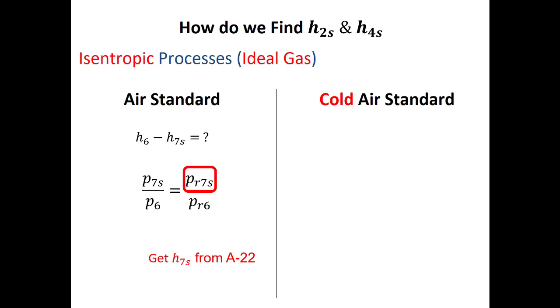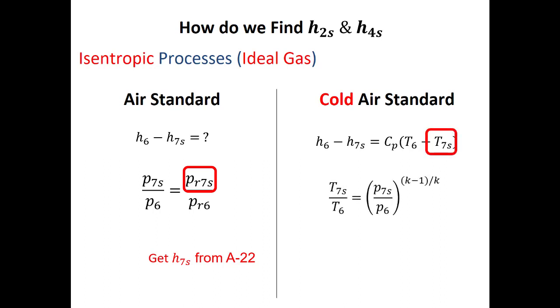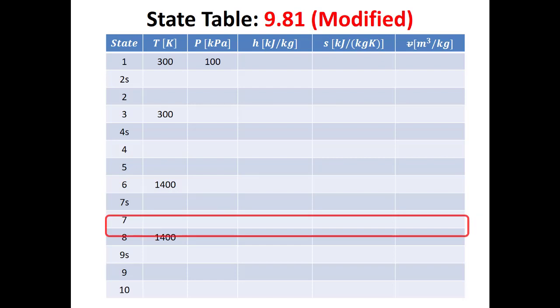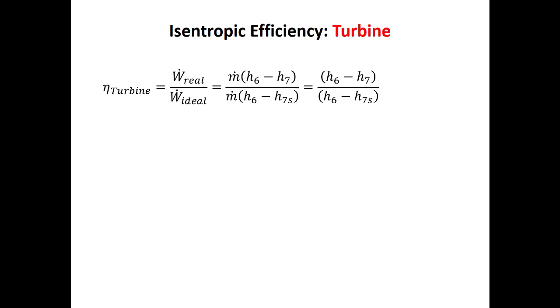If I'm doing a cold air standard analysis, I'll say that delta H is equal to Cp times delta T. I don't know H7S, but to get it, I look for an expression that has K in the exponent, because that'll tell me how to deal with isentropic processes for ideal gases. And because this is an open system, I'm going to know the pressure ratios, so I can use this expression to find T7S. When I have T7S, I can use the isentropic efficiency of the turbine to find H7 or T7.